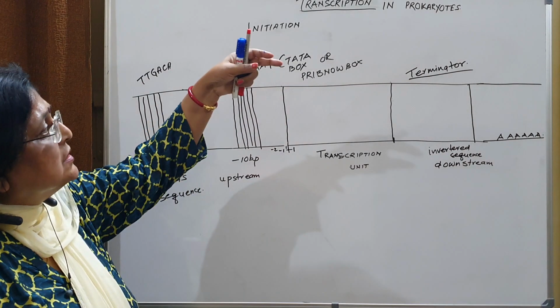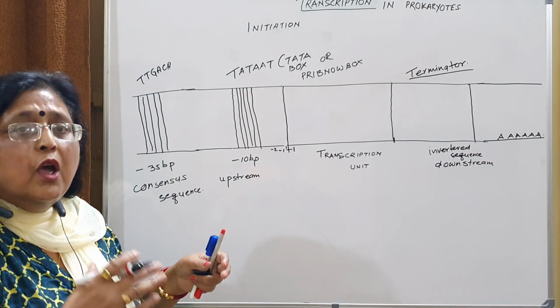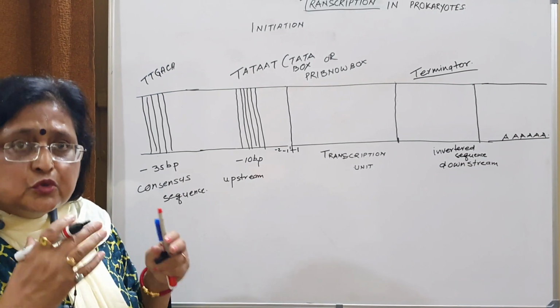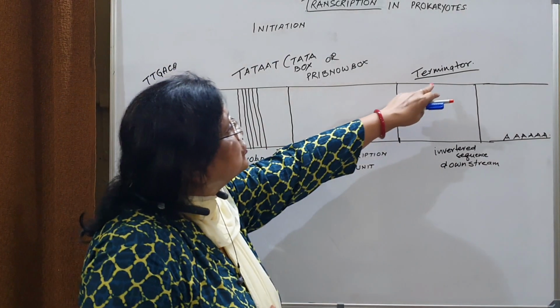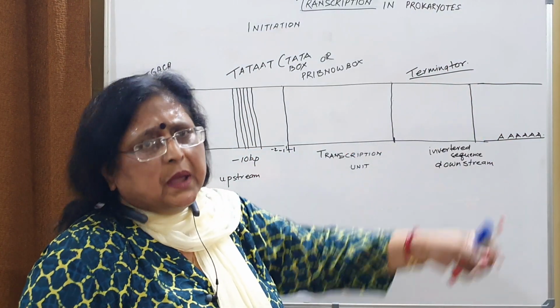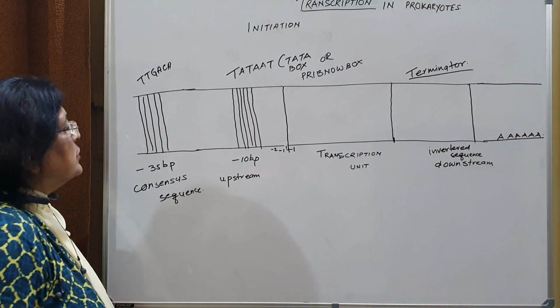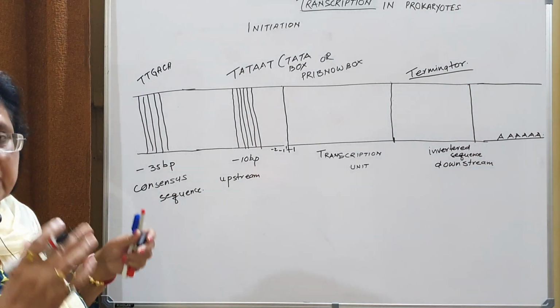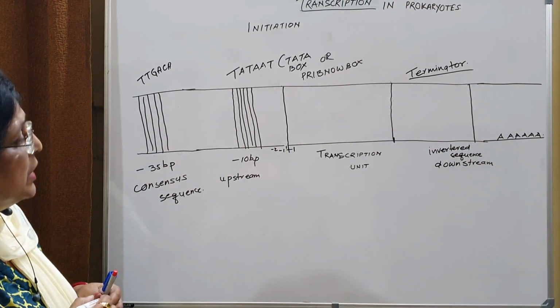When RNA is being synthesized, there should be some place where the RNA synthesis has to stop, and that is being stopped by the terminator present downstream, about 100 base pair we expect. So now we'll see the process of initiation, how it begins.